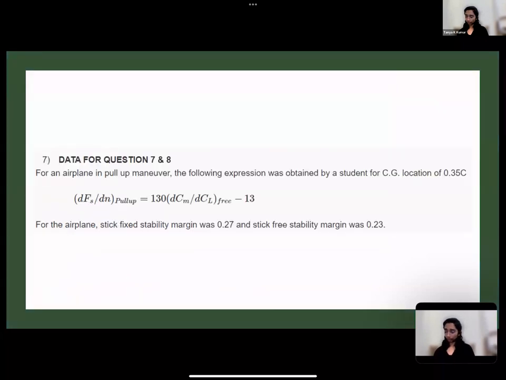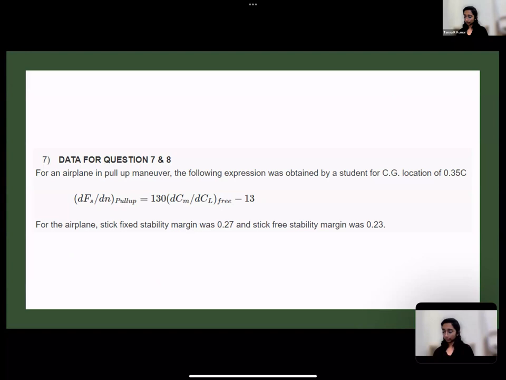Now, they've given you some data. For an airplane in a pull-up maneuver, the following expression was obtained by a student for CG location of 0.35 C. They've given you the equation for the variation DFS by DN. For the airplane, the stick fixed stability margin is 0.27 and stick free stability margin is 0.23.